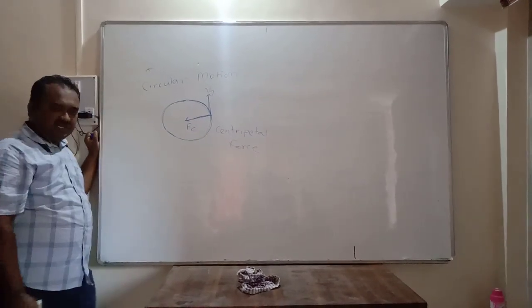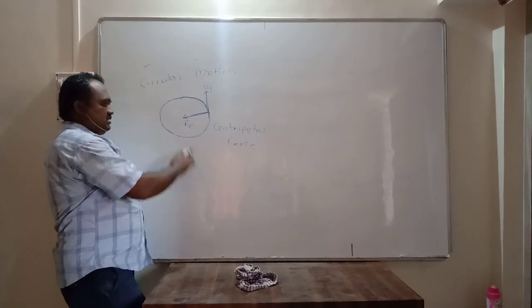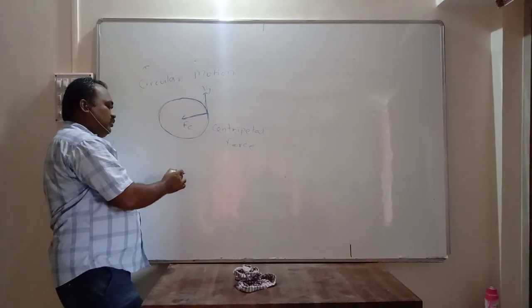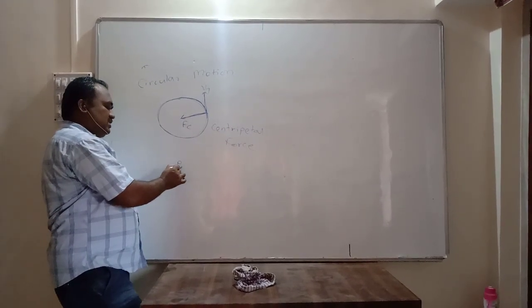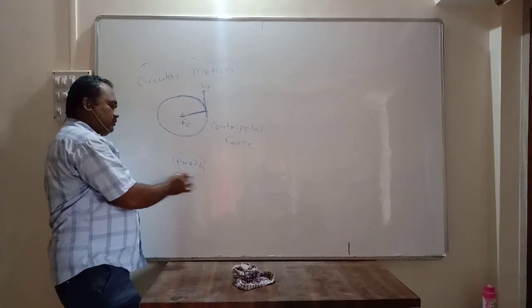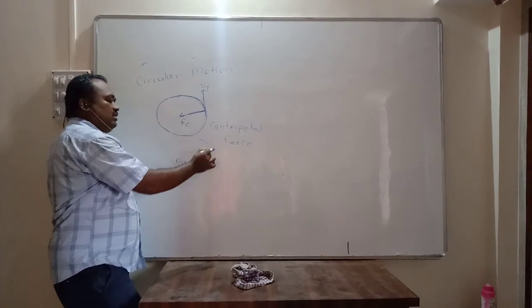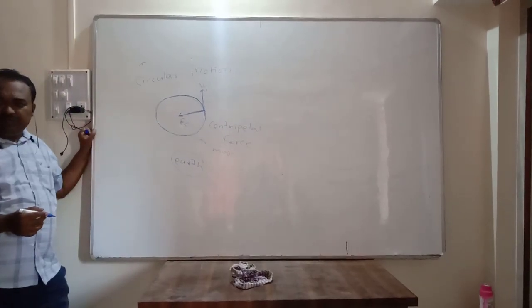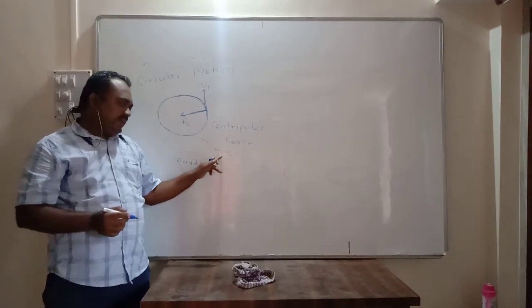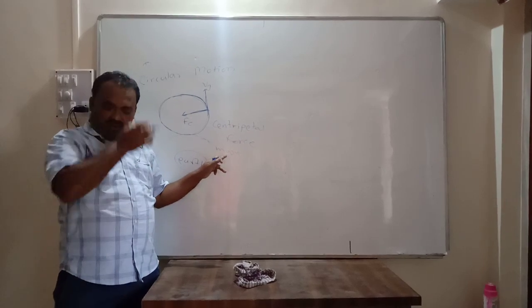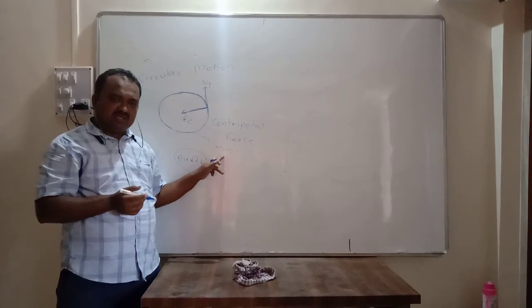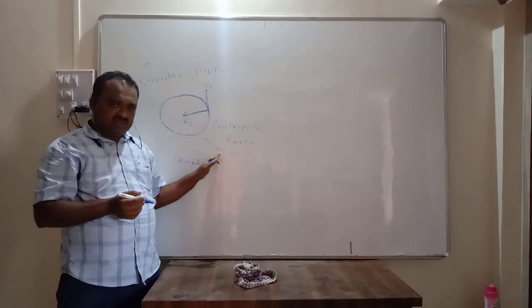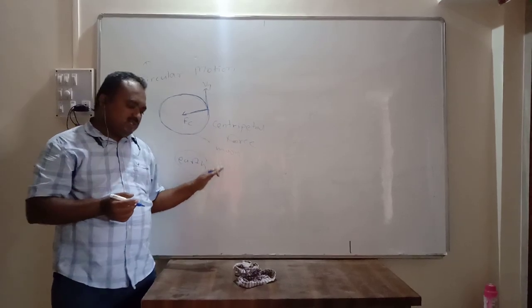Okay, the examples of circular motion. First, suppose this is earth and motion of moon around the earth. This is the example of circular motion. Then motion of electron around the nucleus, this is also the example of circular motion.